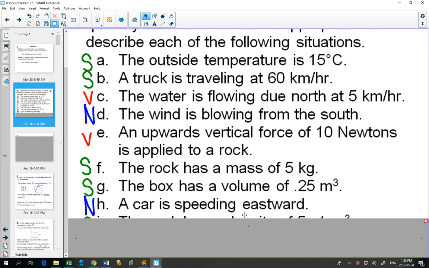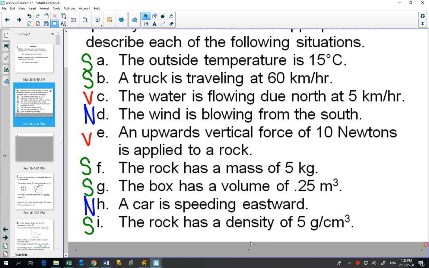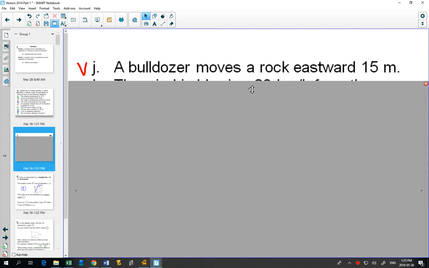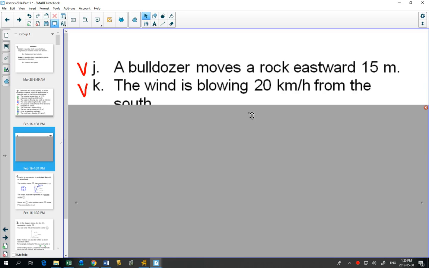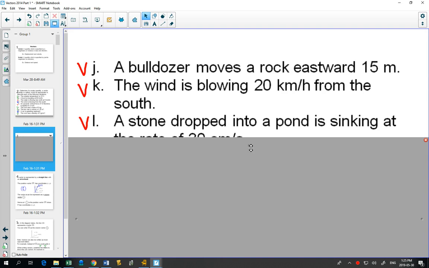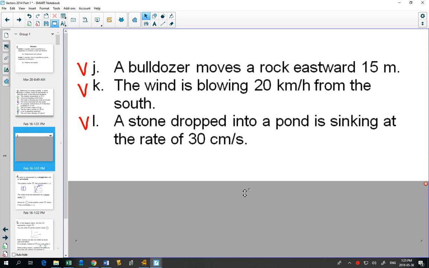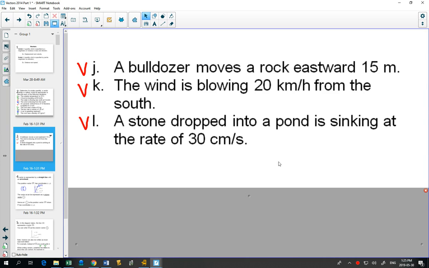Again, direction only is neither. Scalar. Vector, vector. Vector. There we go.